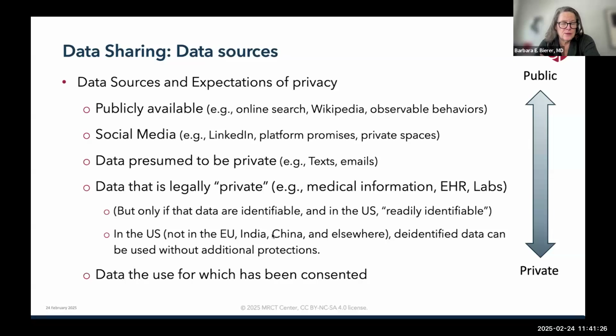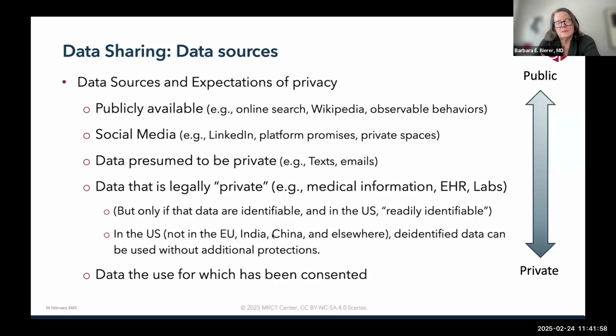In other words, waiver of consent can be introduced, and the individual may or may not know how that data is being used once it's de-identified. And then there's use of data for which there has been consent, where somebody knows that their identifiable data will be used because they've been told and they accepted the purpose for which it was going to be shared.